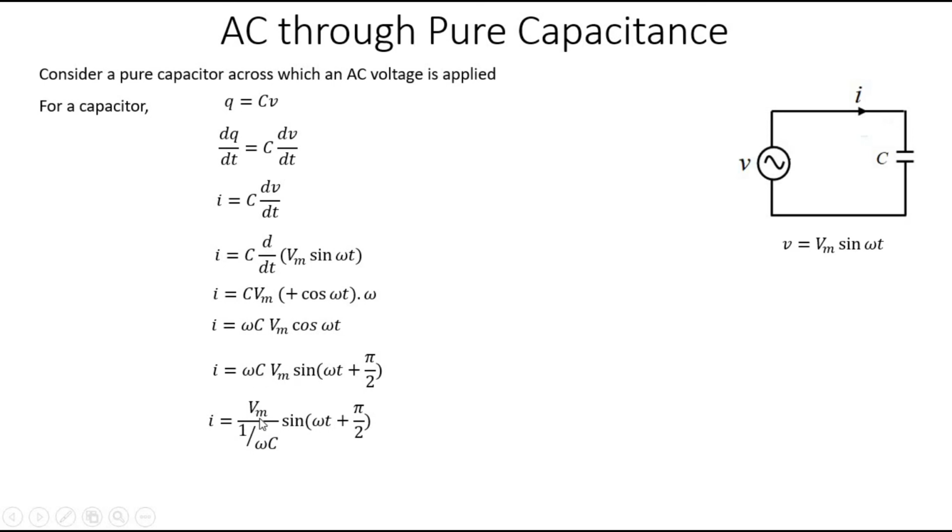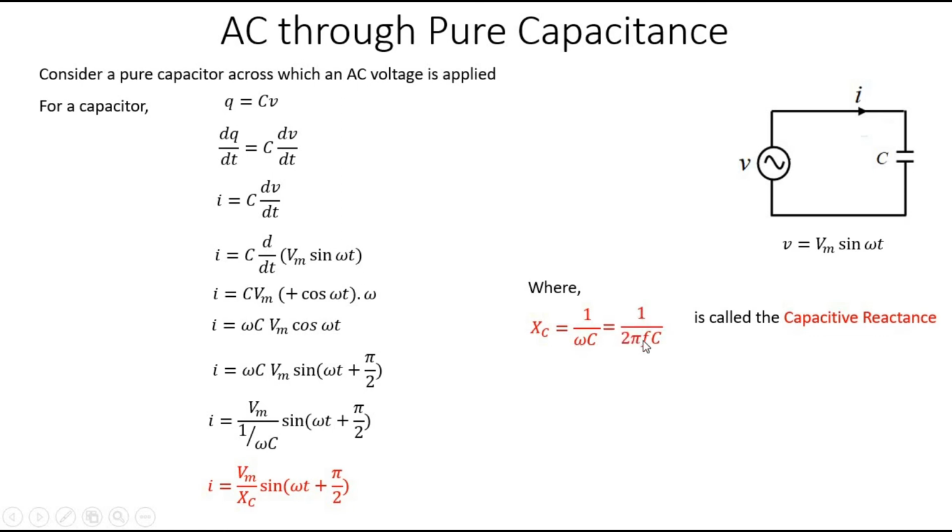In the case of resistance it was Vm by R. Analogous to that, we can write I equal to Vm by Xc sin omega t plus pi by 2, where Xc is 1 by omega C. We are substituting Xc for 1 by omega C, and it is called capacitive reactance. Again omega is 2 pi f, so it equals 1 by 2 pi fC. So Xc depends upon the value of f and the value of capacitance.